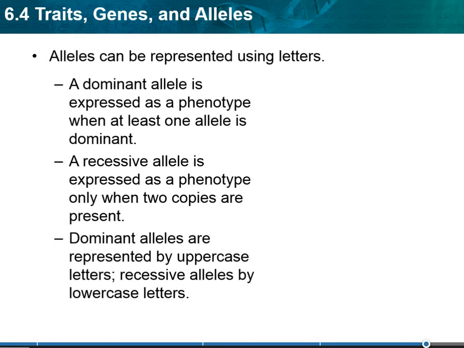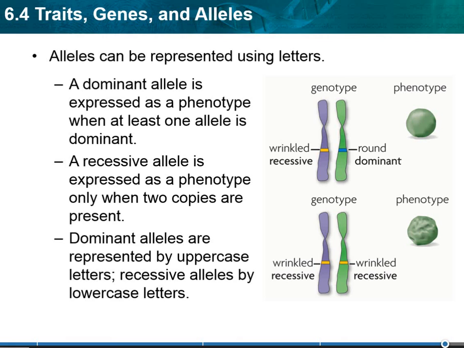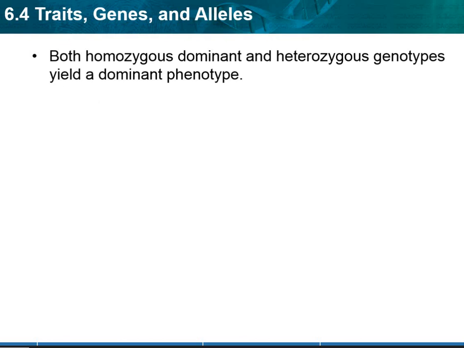Dominant alleles are represented by uppercase letters, and the recessive alleles, like I said, are lowercase letters. That's what you see over there on the side, talking about the genotype and the phenotype. Both homozygous dominant and heterozygous genotypes yield a dominant phenotype.